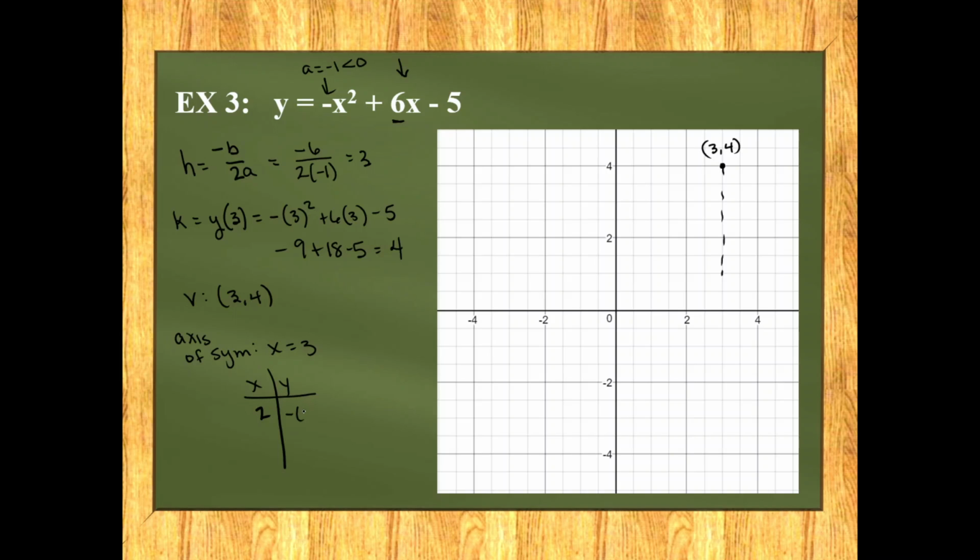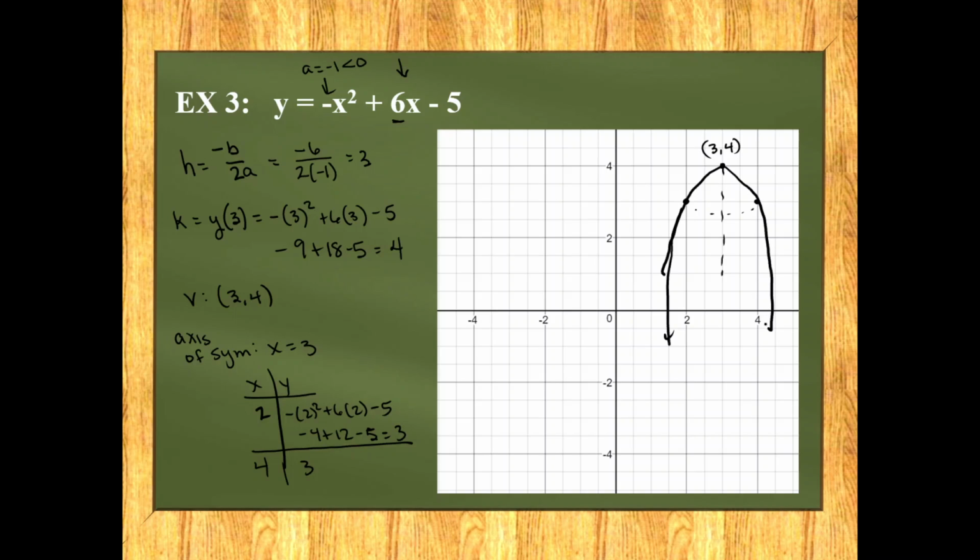So I have -2 squared plus 6 times 2 minus 5. So that's going to equal 3. So I would have that same value on the other side of the axis of symmetry at 4. It'll get spun around. Okay, so then I have my parabola, if I connect my dots.